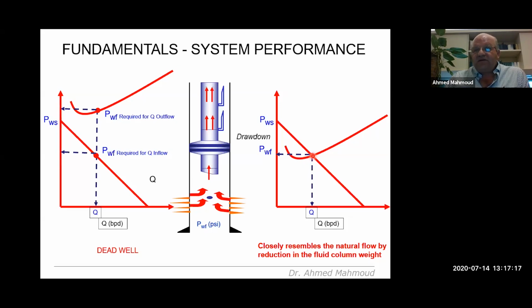And once it's crossed at the solution point, then I will get a Q, and this will closely resemble the natural flow criteria by reducing the hydrostatic column in the Q.